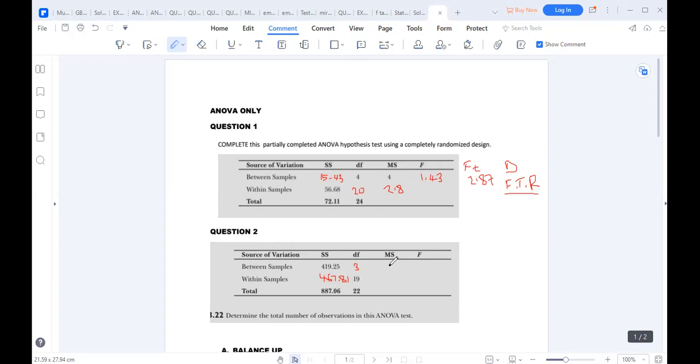And 139.75. Then here, 24.6 and 4.6. Then you divide this, what are you getting? 5.68. And how do you read the F table? 3.19.